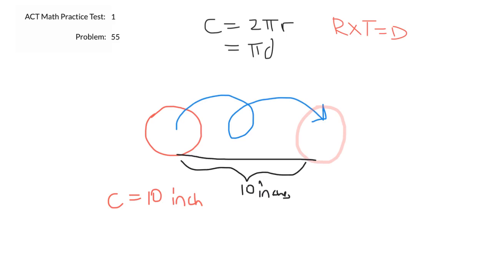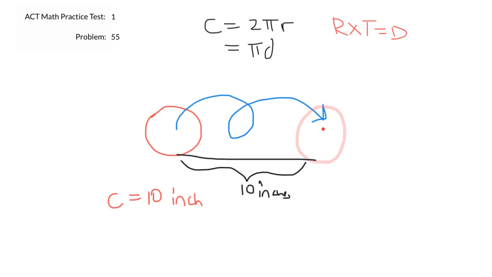So, in other words, the distance traveled by one full revolution of a wheel is the circumference of the wheel. So I'll say that again. The distance traveled by one full revolution of a wheel is the circumference of the wheel. So as you can see, it went 10 inches and the circumference is 10 inches.